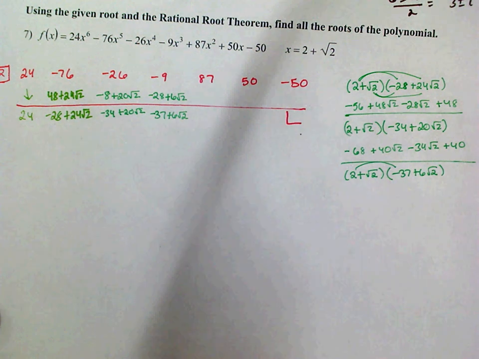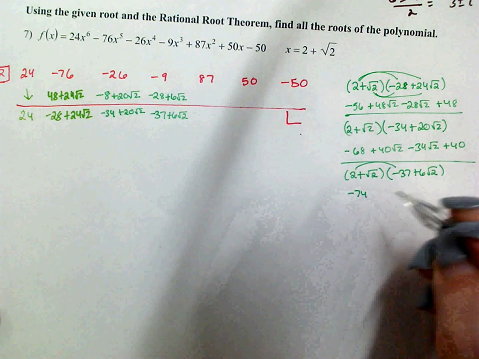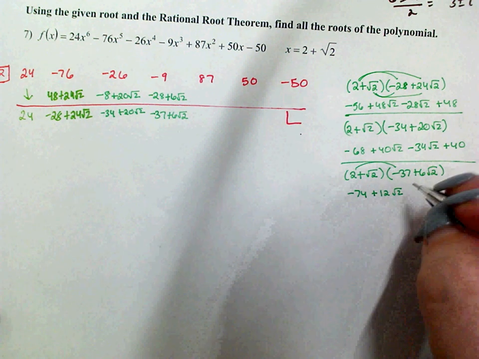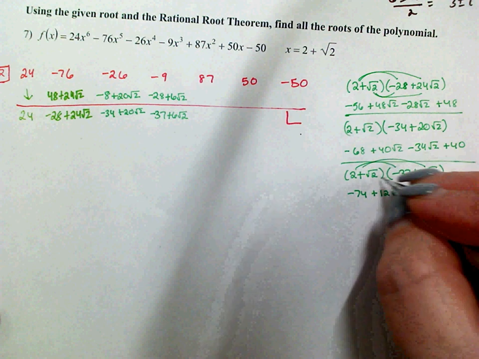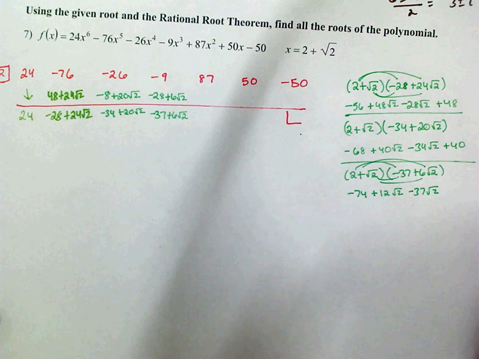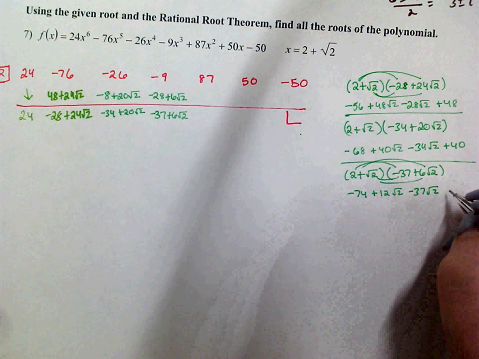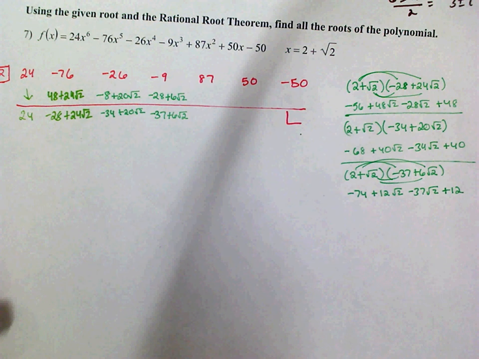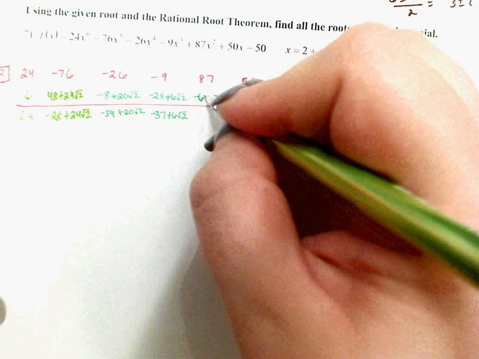Negative 37 times the square root of 2 is negative 37 square root of 2. And square root of 2 times 6 square root of 2 is just 6 times 2, which is 12. Negative 74 plus 12 is negative 62. Negative 62. And 12 minus 37 is negative 25 square root of 2.